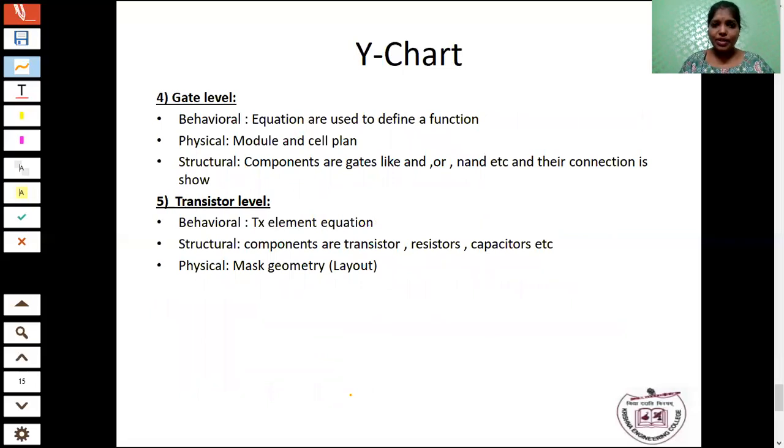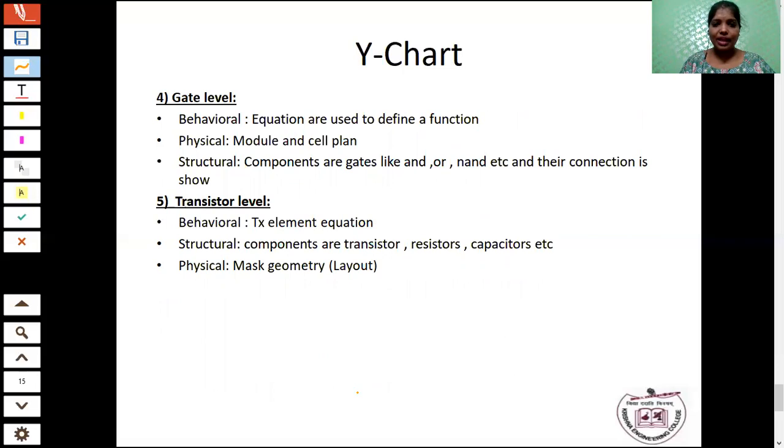From the Boolean expression, in the structural domain, we define what gates we are using and the interconnection of the gates. In the physical domain, we deal with the modules and cell plan, where to place cells in the blocks. Then in the transistor level, we define the transistor elemental equation.